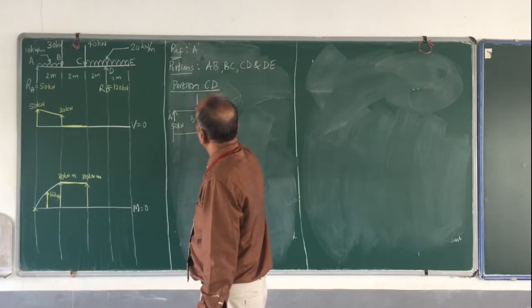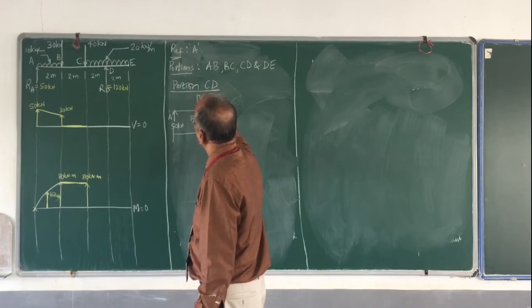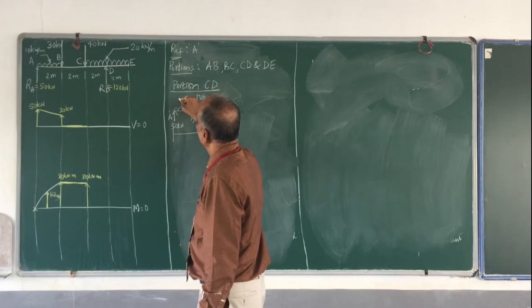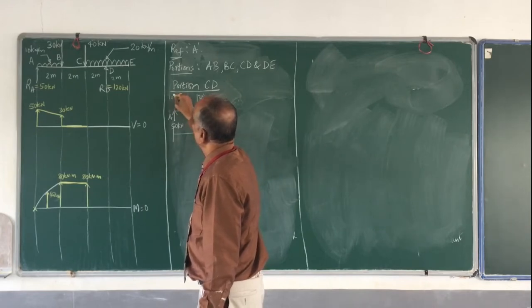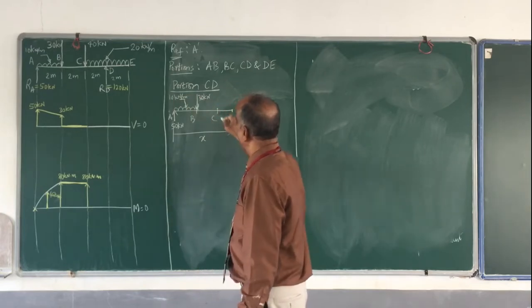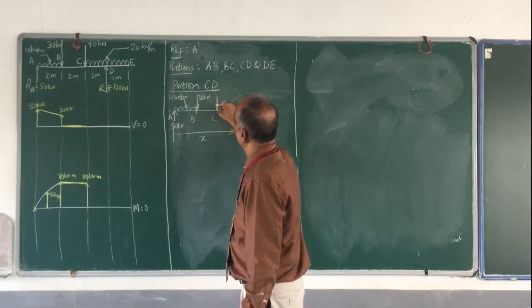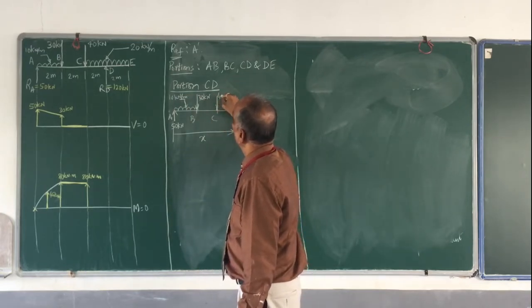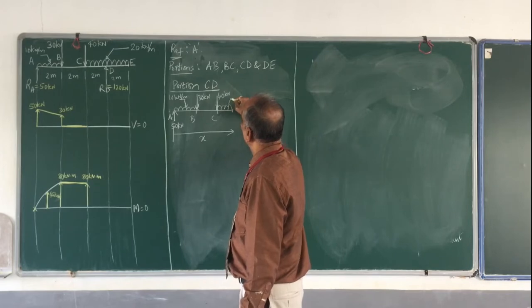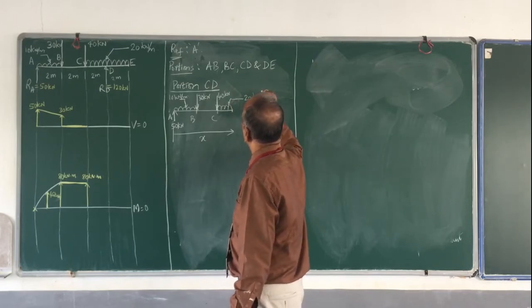At B you have 30 kilonewton, and in between you have 10 kilonewton per meter. Then at C you have 40 kilonewton. Then here also you have UDL of 20 kilonewton per meter.